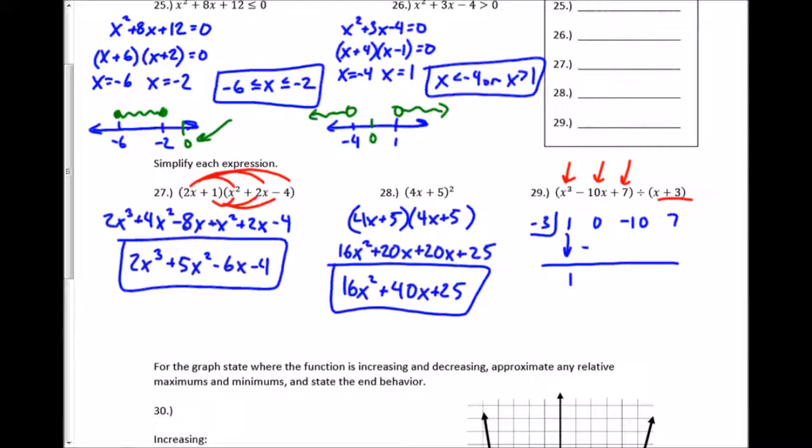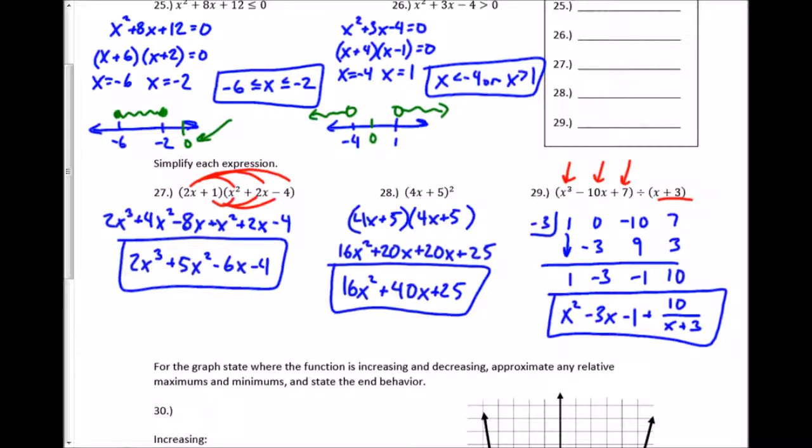I multiply, I add straight down. I multiply, I add straight down. I multiply, I add straight down. So what this interprets into is I start with an x cubed. Now I'm going to have an x squared, so it's a 1x squared minus 3x minus 1 with a remainder of 10. And the remainder I put over the thing I was dividing by. Okay. Later we'll use synthetic division to check solutions and hope to get a 0 for my remainder.